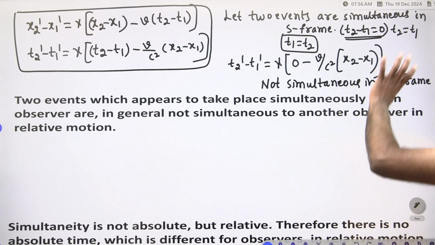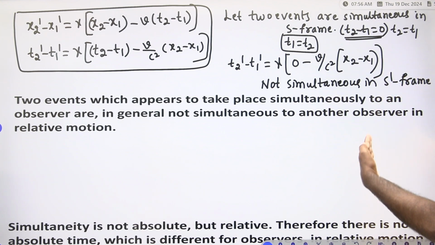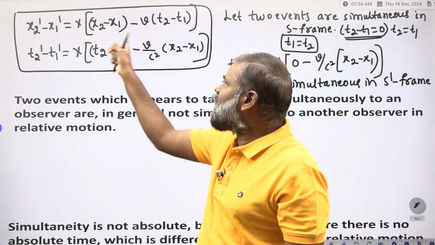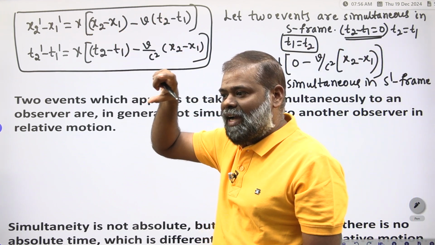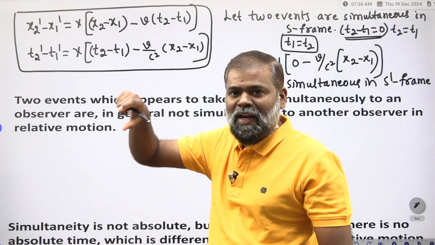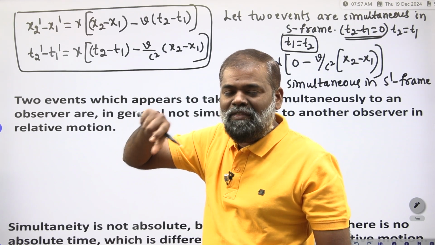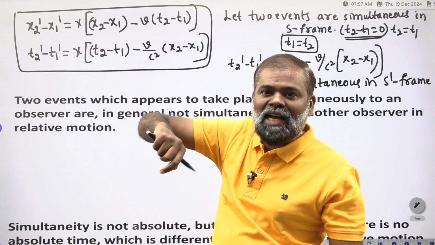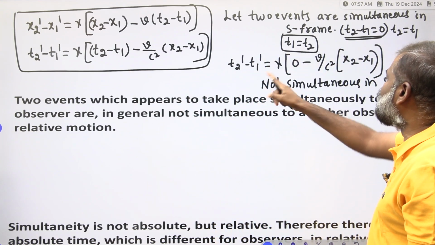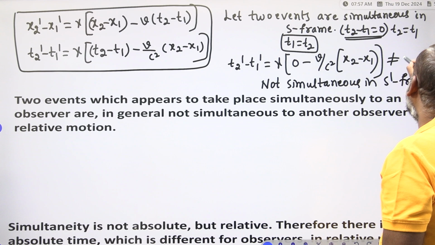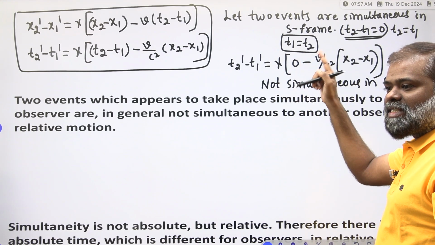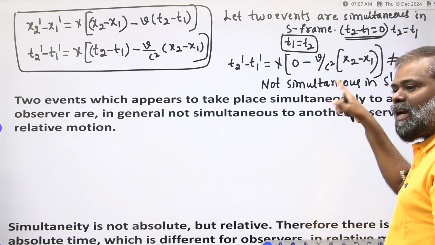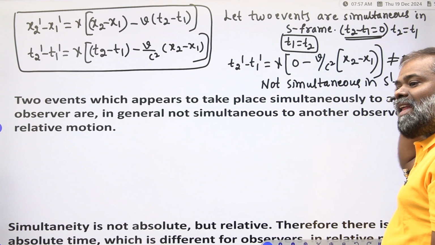Events e1 and e2 occur at the same time in the S frame, but in the S dash frame the times are different, because t2 dash minus t1 dash is not equal to 0, so they do not occur at the same time in the S dash frame.